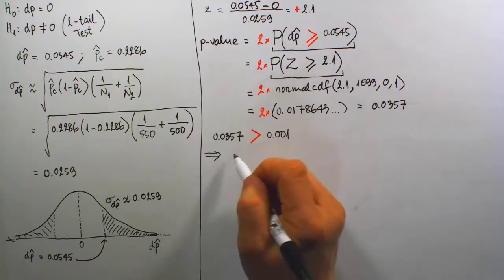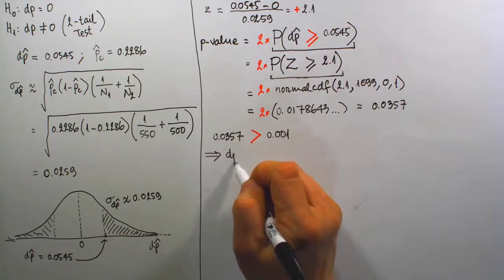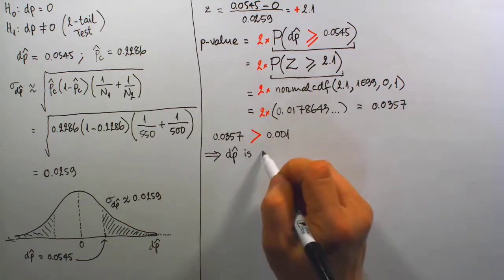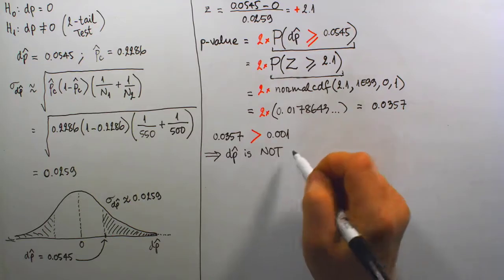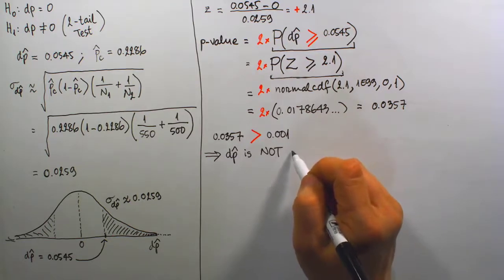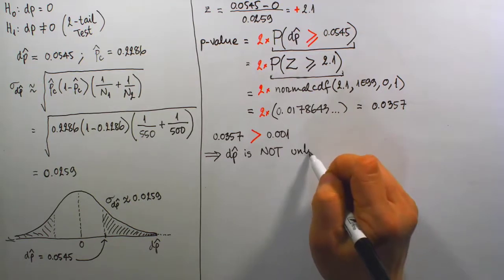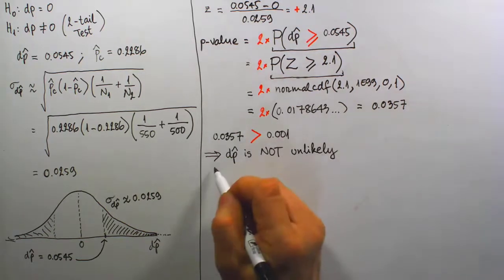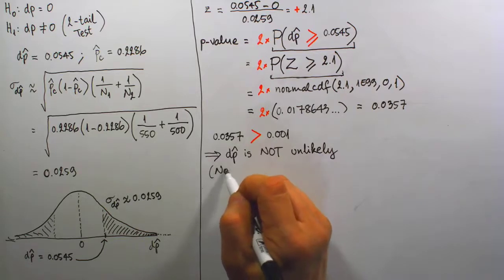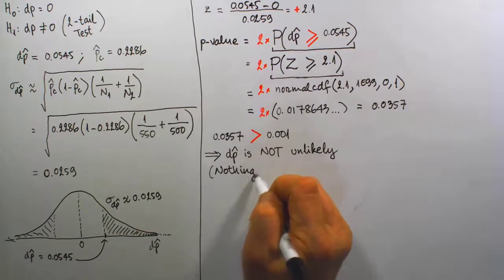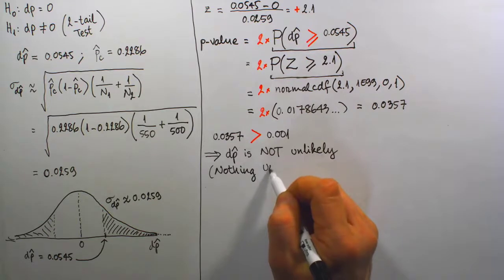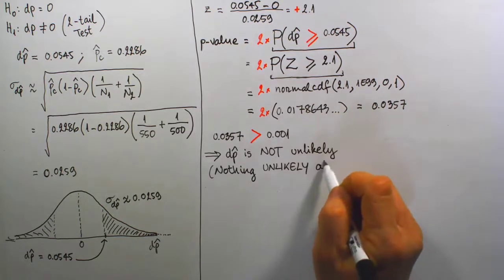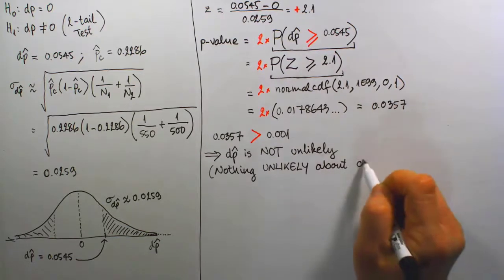that our sample as a p-hat value is not an unlikely sample, or for short, it's not unlikely. And what it means is that there is nothing unlikely about our sample being a p-hat.